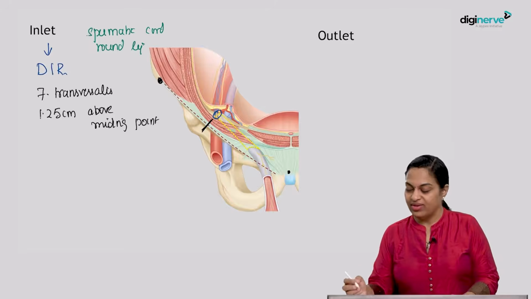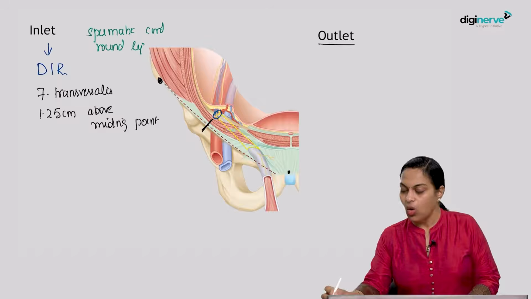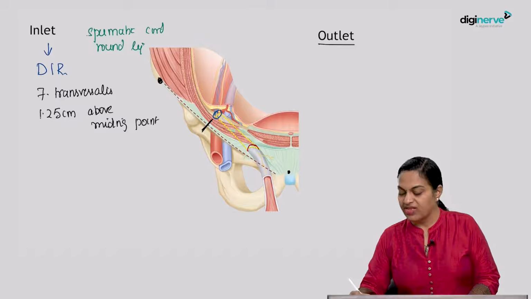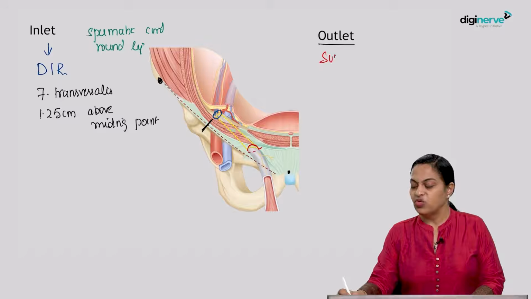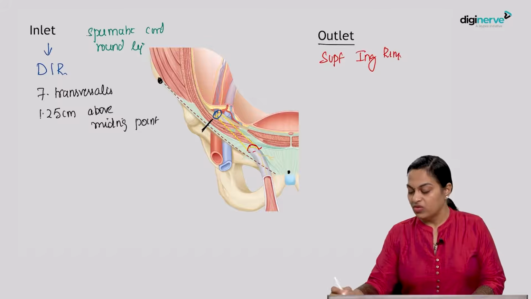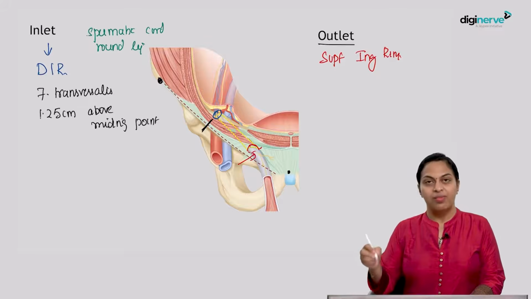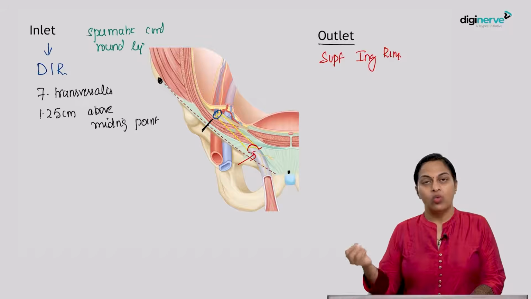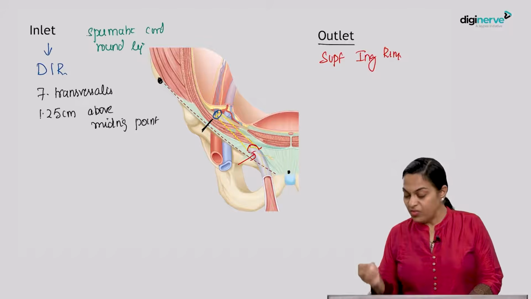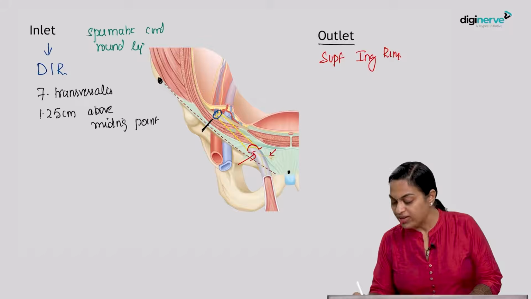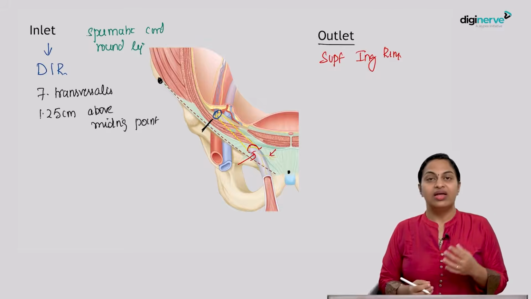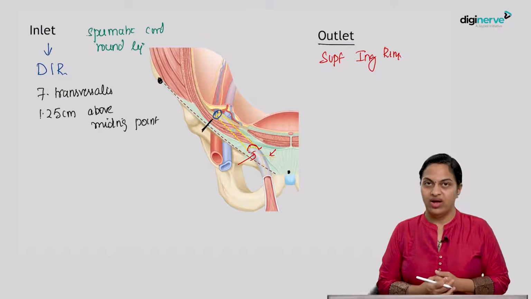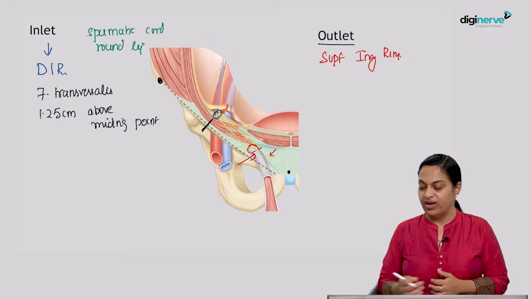Okay, and the outlet is formed by the superficial inguinal ring. So as you see here, the spermatic cord or the round ligament in the female as well as the ilioinguinal nerve that you see here exits the inguinal canal through the superficial inguinal ring.